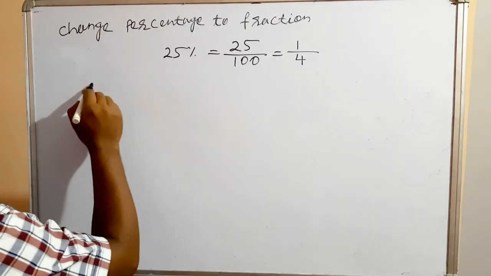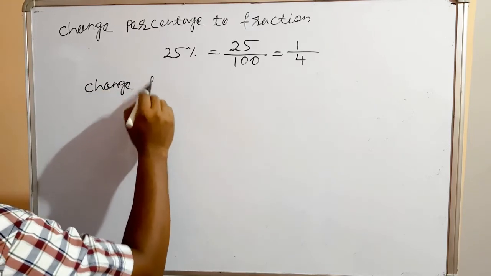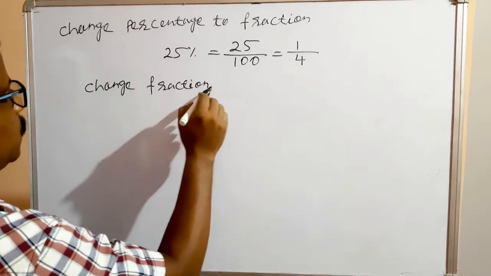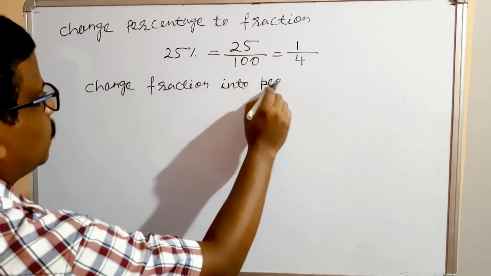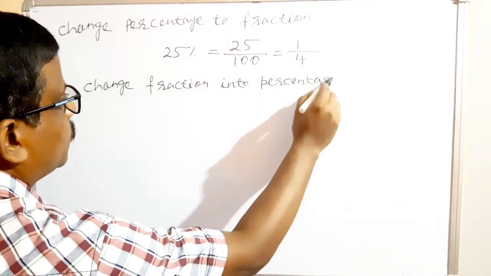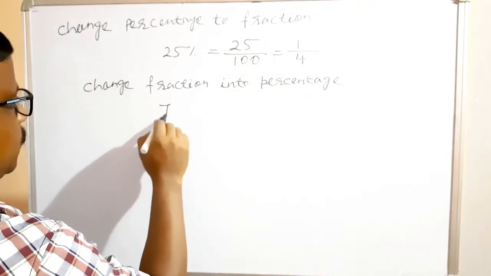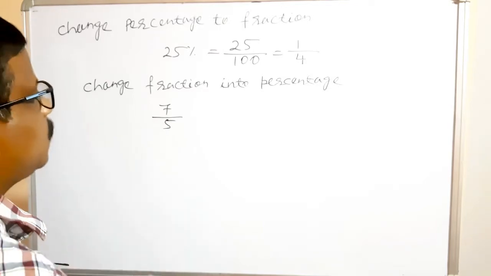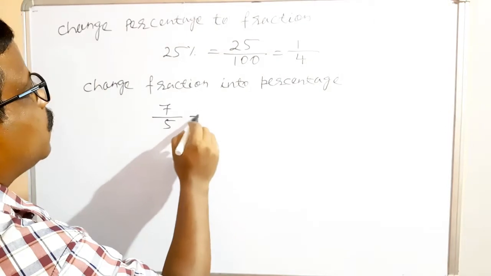Suppose a fraction is given to you. Change fraction into percentage. Suppose the fraction 7 by 5 is given, and we have to change it into percentage. So what will you do?